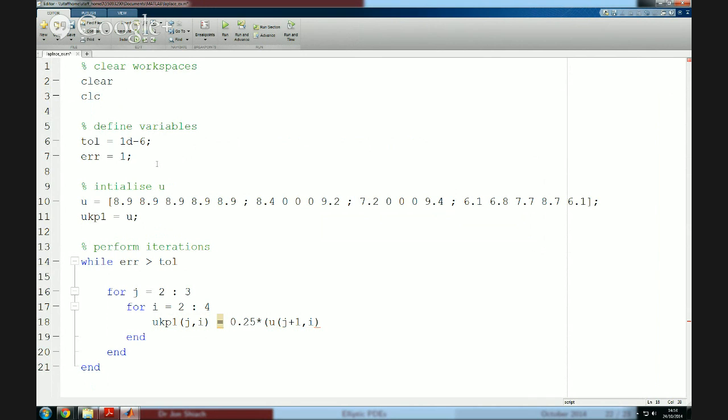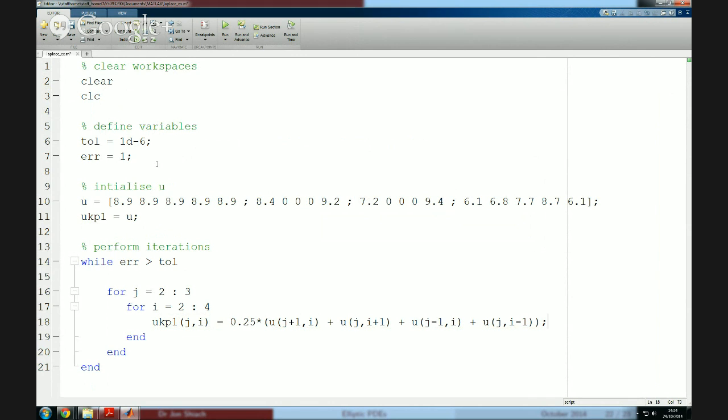So the one to the north is J plus 1, plus U, J, I plus 1, that's the node to the east. So I'm going to go north, east, south, west that way. Plus U, J minus 1, I, plus U, J, I minus 1. Okay, so that's my Jacobi method.